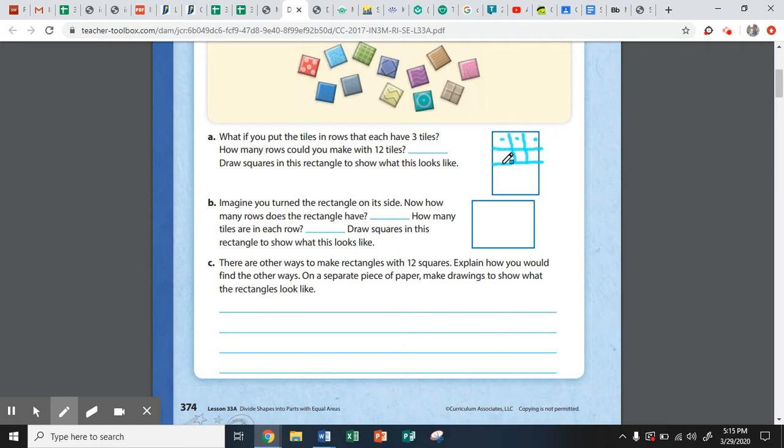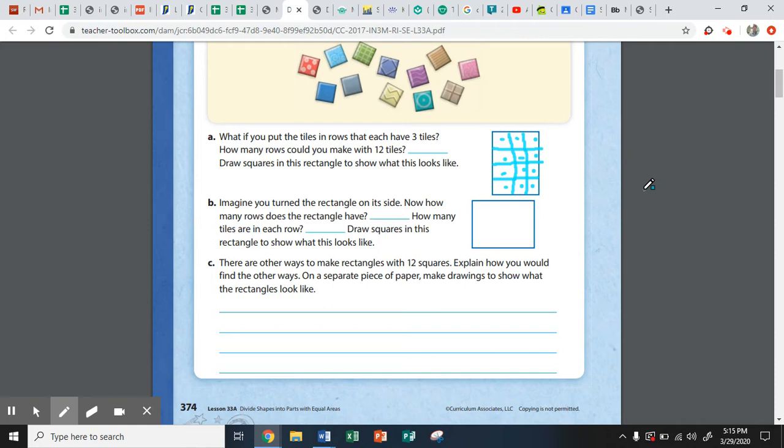So 1, 2, 3, 4, 5, 6. And then I'm going to add 2 more rows. I'm going to make a couple cuts here. So right now we have 1, 2, 3, 4, 5, 6, 7, 8, 9, 10, 11, 12. So there's the 12 tiles pushed together to make this one bigger rectangle.